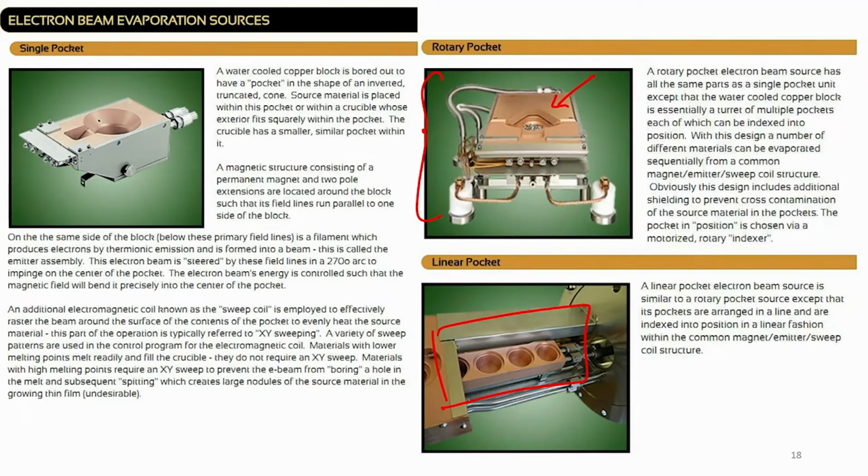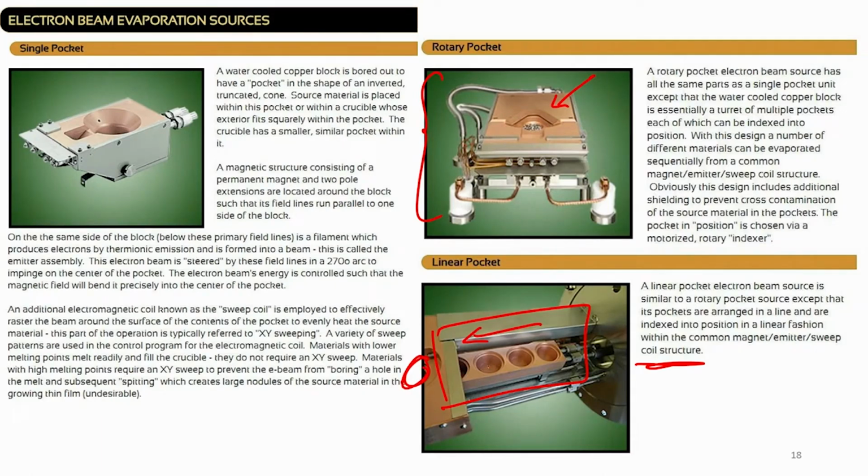The final pocket or evaporation source is the linear pocket. A linear pocket e-beam source is similar to the rotary pocket, except that its pockets are arranged in a line, indexed into position in a linear fashion with a common magnet coil structure. Whatever you want to evaporate, this guy will go in this direction and here is the e-beam.